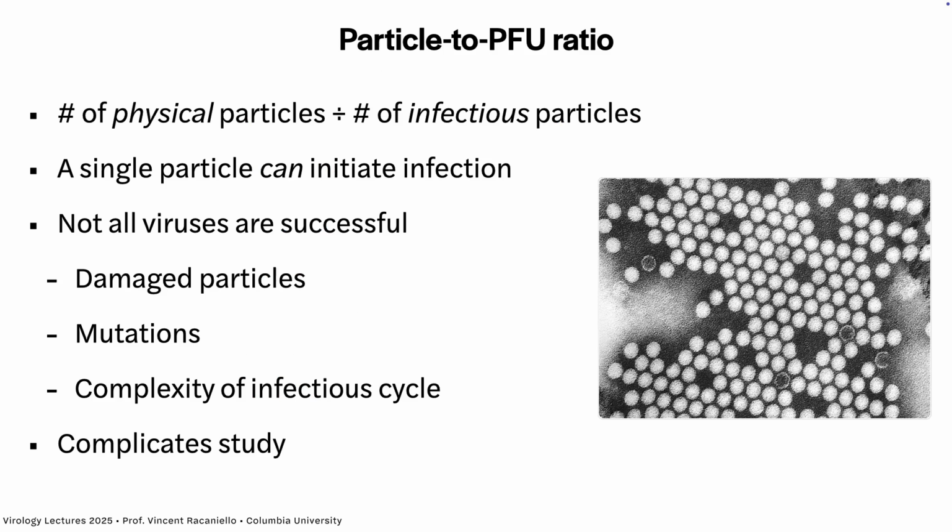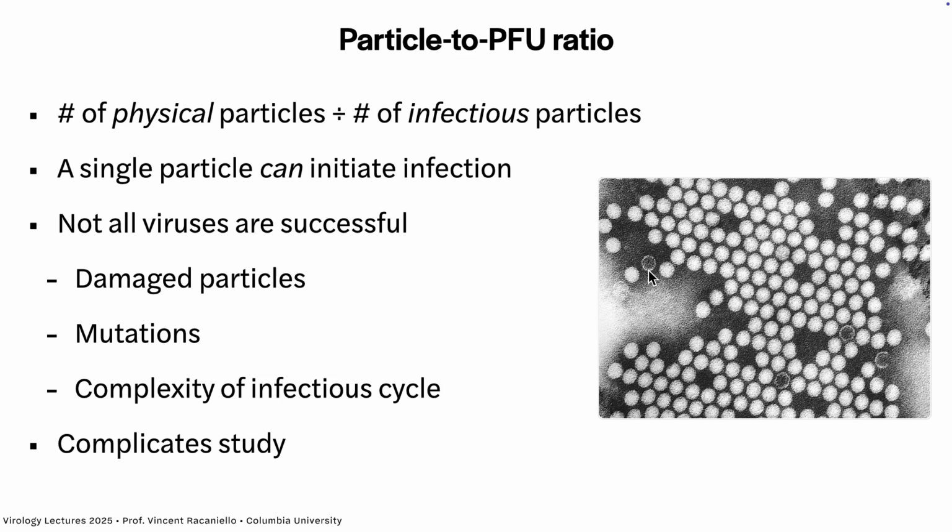Anyway, why is this so? Now, I already told you that a single particle can make a plaque, right? But not every one does, as you can see by the particle to PFU ratio. Sometimes the particles are damaged. You can see in these electron micrographs, these are polioviruses, and some of them are empty.